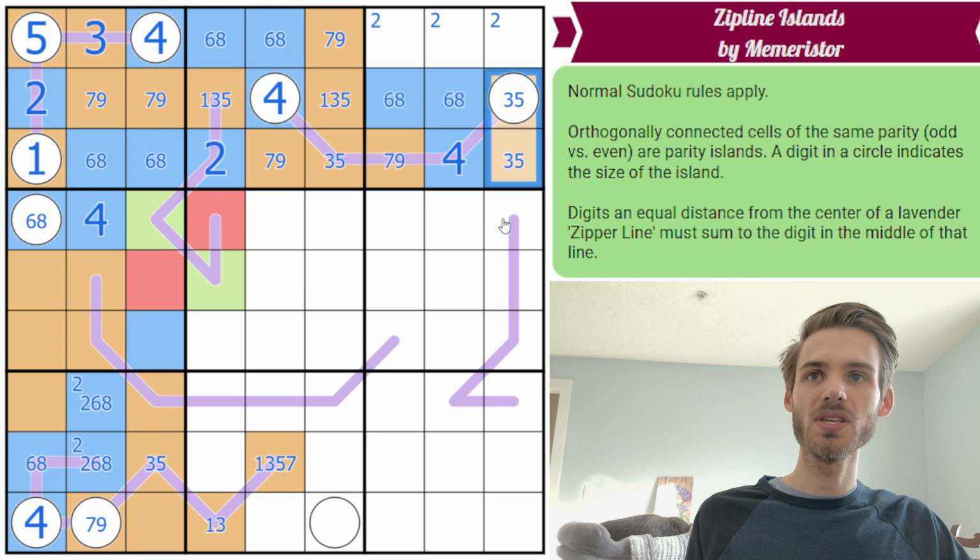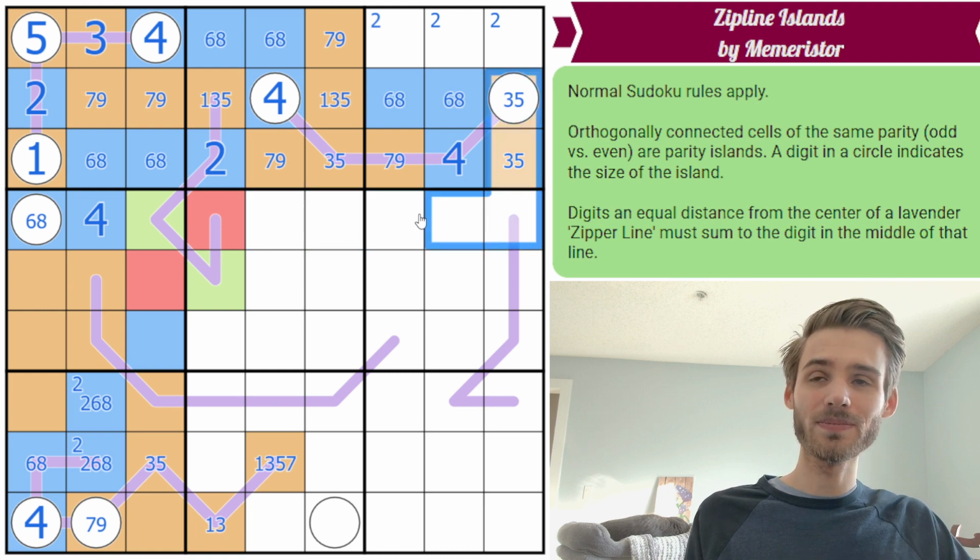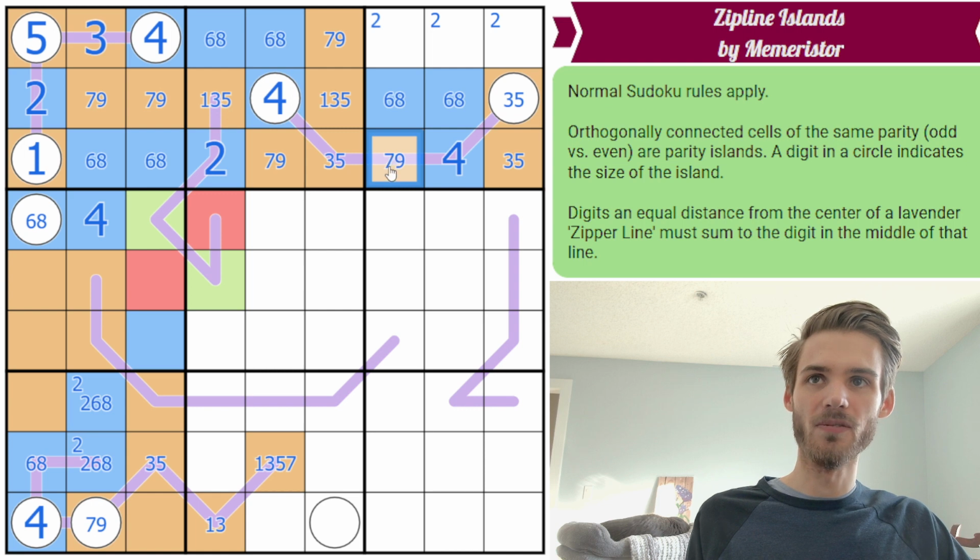Now we turn our attention to the 3, 5 over here, and we can see that the 3, 5 over here needs to be stopped in this row. If it wasn't stopped, then these would all be odd, and that would be a disaster. Specifically, we can't let this 3 or 5 island ever touch this cell. So there needs to be an even digit in one of these 3 cells.